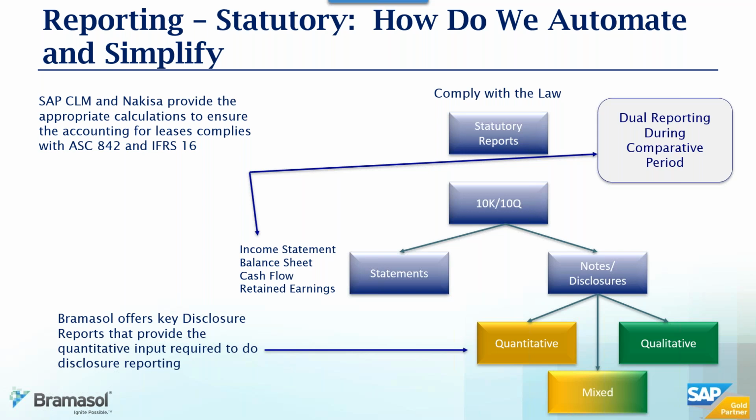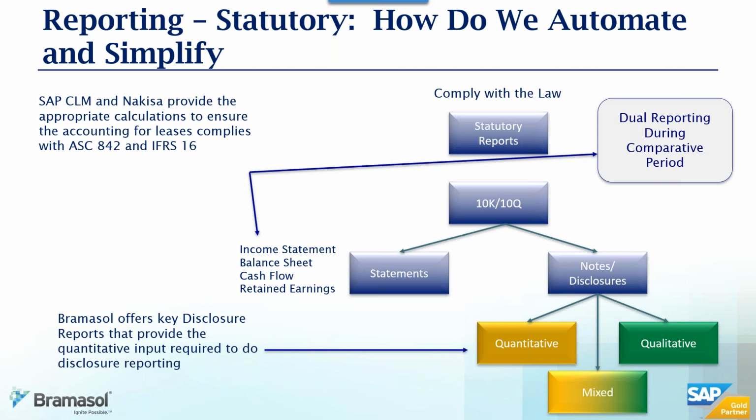From the perspective we talked about a little earlier, there's the compliance with the law, compliance with the SEC requirements, US GAAP, IFRS 16, ASC 842. Come 1/1/19, companies will start reporting after the first quarter closes in March 31st on their 10Qs about how they adopted 842, how they adopted IFRS 16 for public companies.